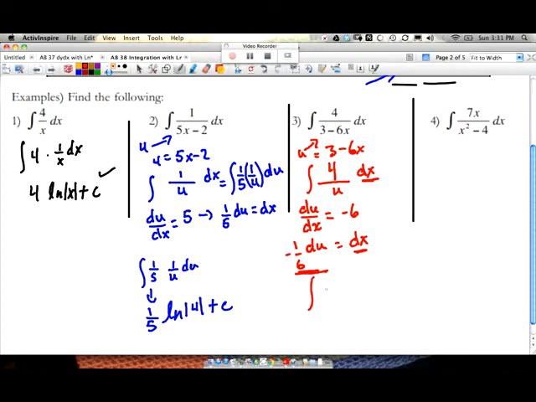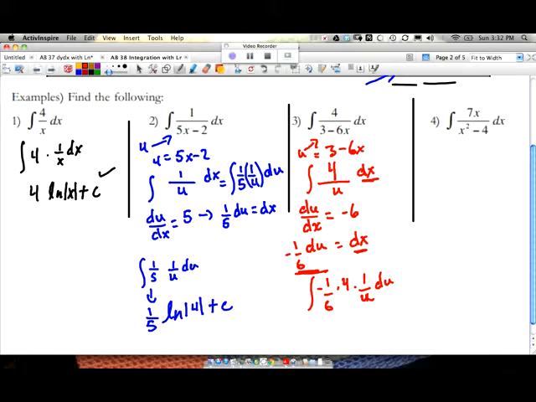So I'll put a negative 1/6 here. And I got 4 over u, so times 4. And then I'm going to put the 1 over u separate, times 1 over u du. Hey, look at that. That'll work for us because now we've narrowed it down to just constants and 1 over u du.